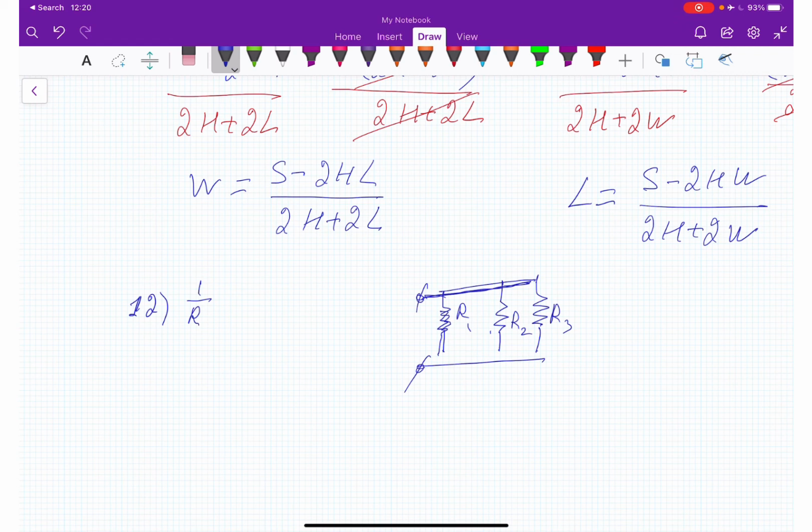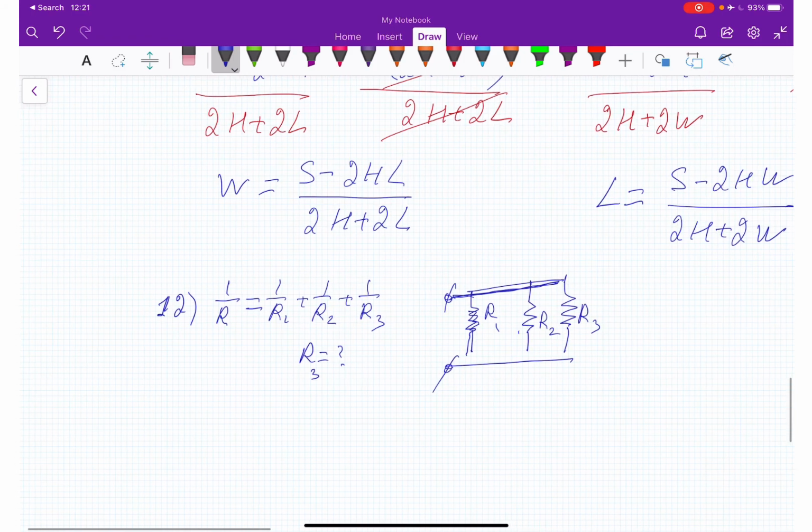So 1 over R total resistance is going to be equal to 1 over R1 plus 1 over R2 plus 1 over R3. And from here, let's say I know how much is the total resistance. I know how much is resistance 1 and resistance 2. I need to find resistance 3. Is it a legit question? Absolutely. R3 is equal to question mark.